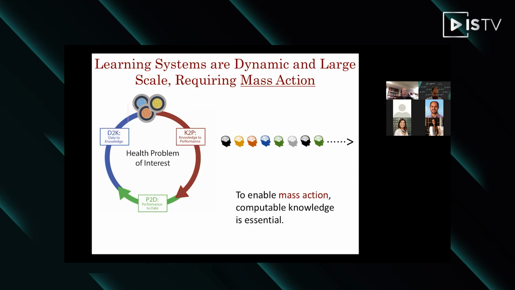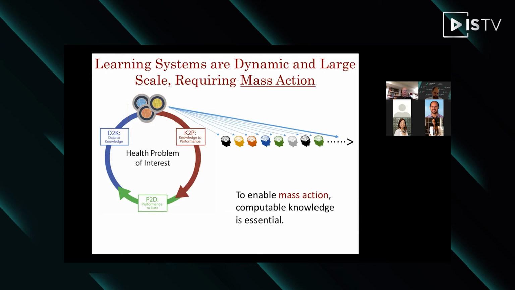One is that if you want to implement change, if you want to change the behavior of people, whether they are healthcare providers or patients or administrators or anyone else in the health ecosystem, what you want to do through the implementation of this knowledge to practice or knowledge to performance part of the learning cycle is provide them with information.